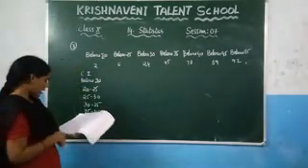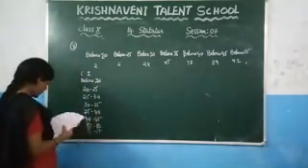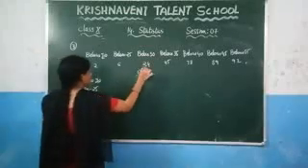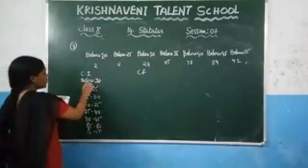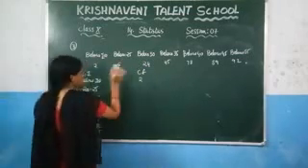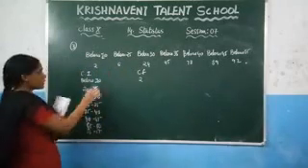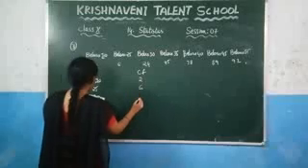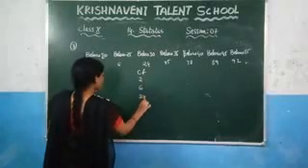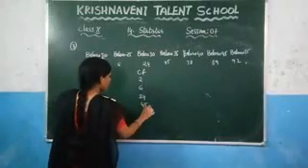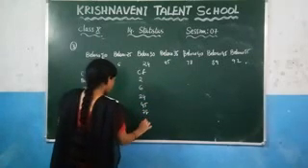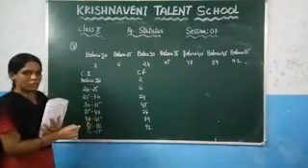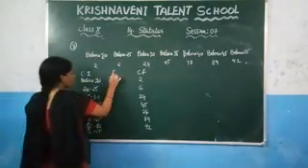Then write the cumulative frequency they have given. Below 20, how many members are there? 2 members. Below 25, that means these two together, they have given 6, and after that 24, and the next one 45, and the next 78, 89, 92, and some more values which I did not write. I have written this just for explaining.